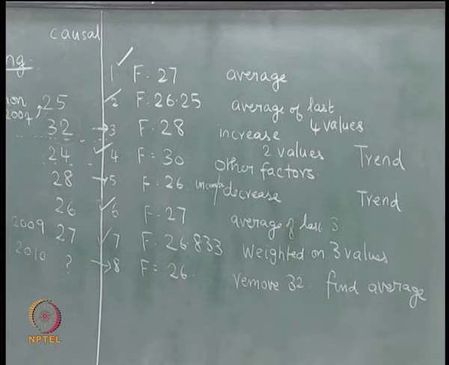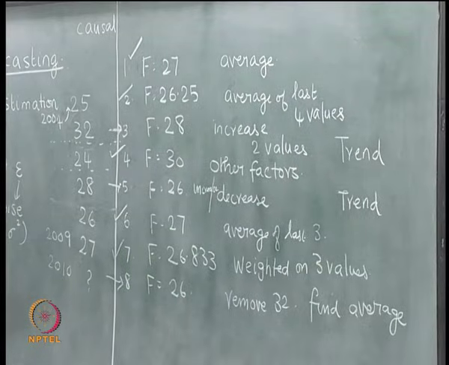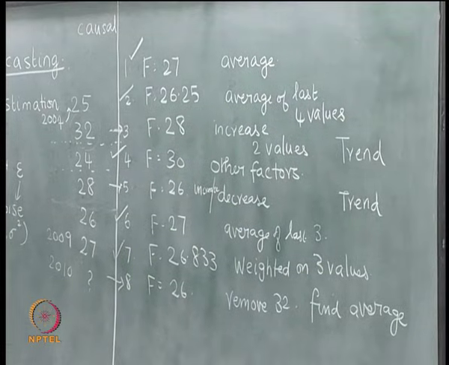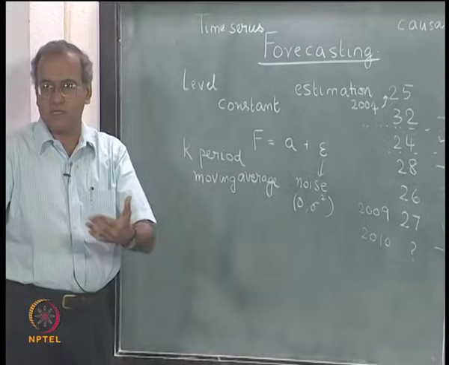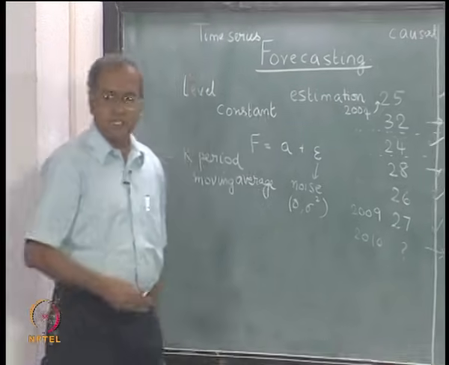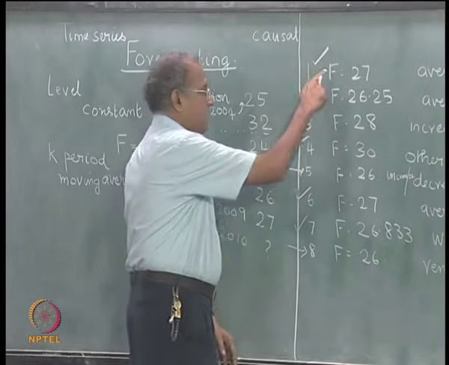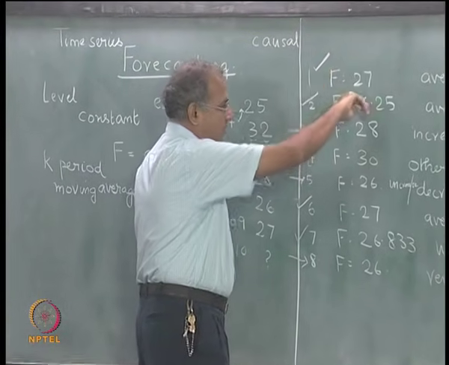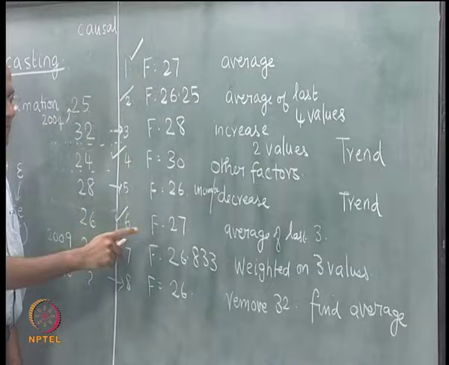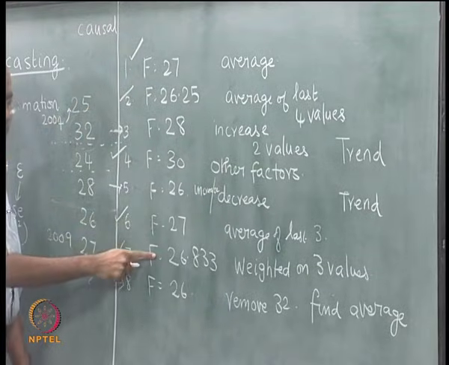So, once again time series models have different classifications. The first ones are called only level models or constant models, which for example was the assumption when somebody made these forecasts.